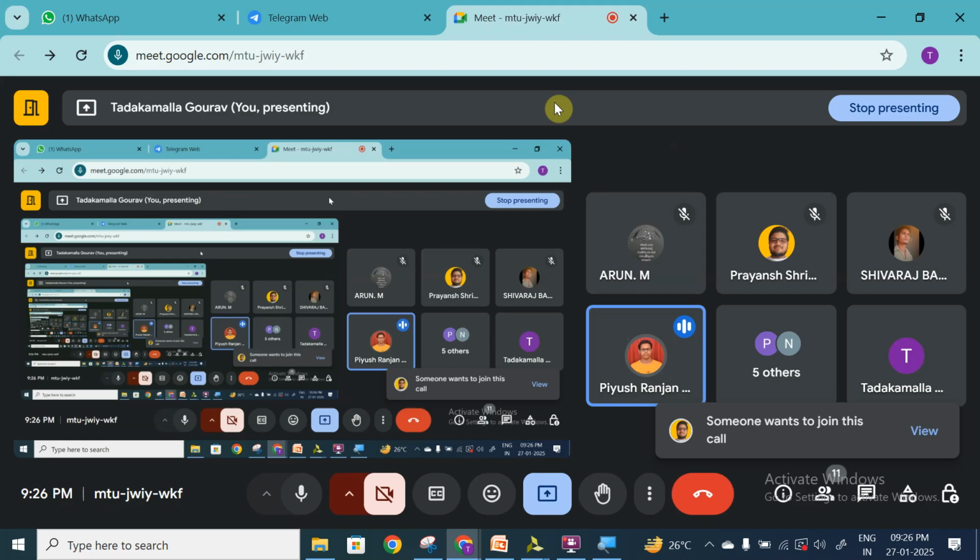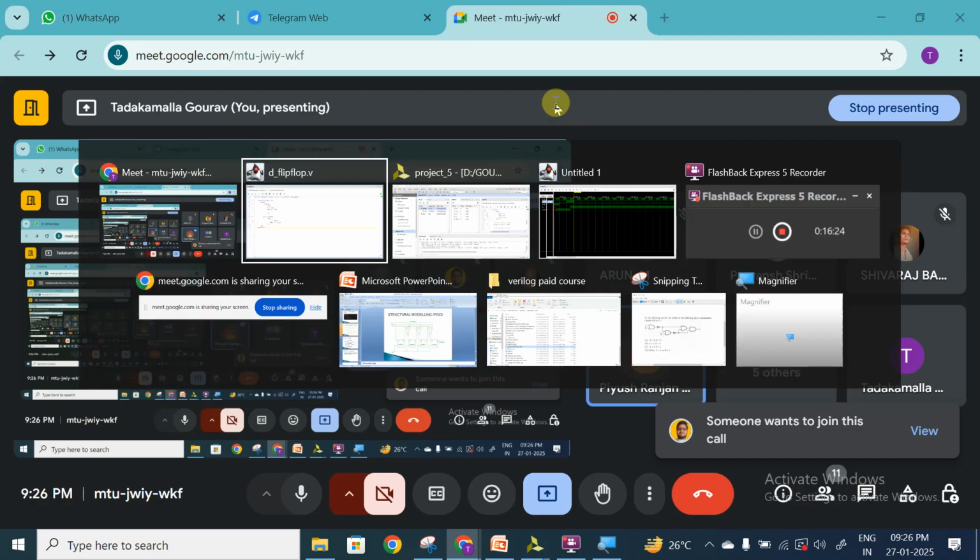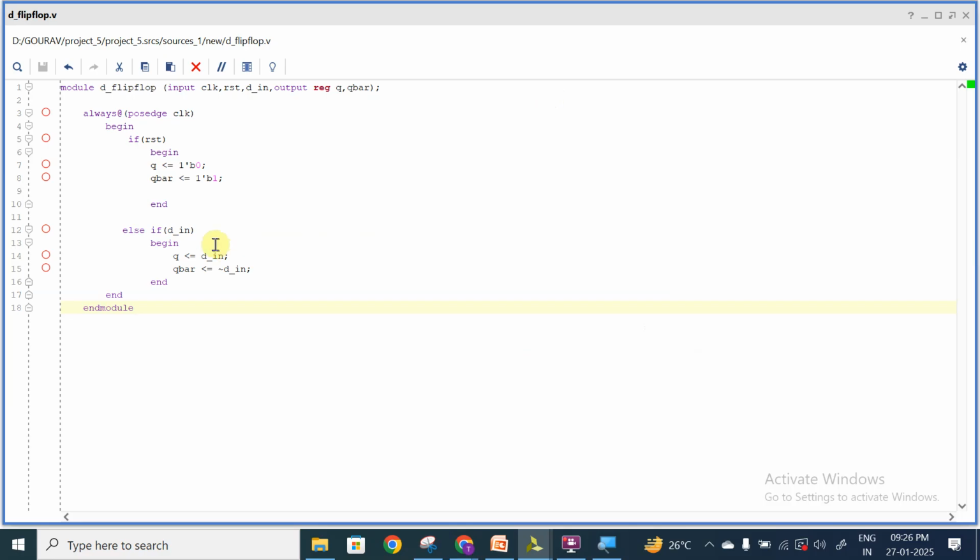I think it executes only when din is equal to 1. Okay. So we should remove the else if, and in place of else if, we should only have else. Or simply we can write another else condition, and we can write q is equal to d_in, like that also we can write. Okay, we can do both of the things.